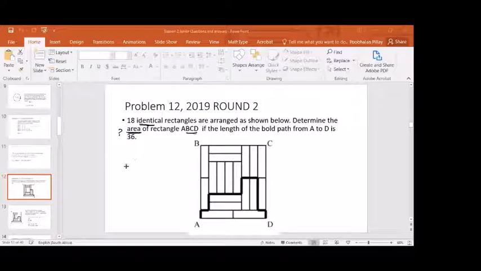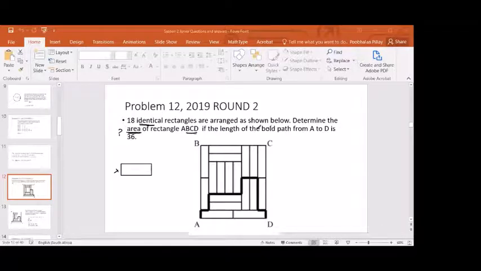And you know that all these rectangles are identical, so all exactly the same. But we don't know the dimensions of the rectangle. Okay, so let the shorter side be x. Now we're going to bring in an x here. I'm going to try to find an equation involving x, because I do know that the length of the bold path from A to D is 36.